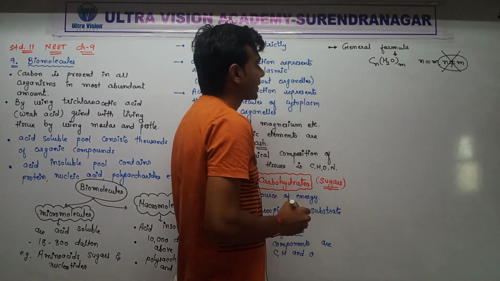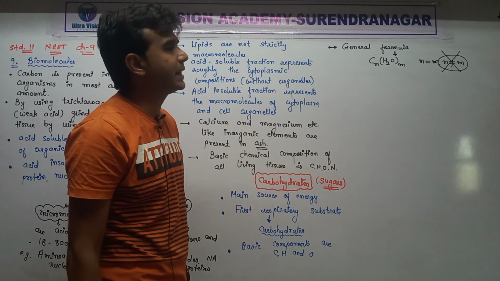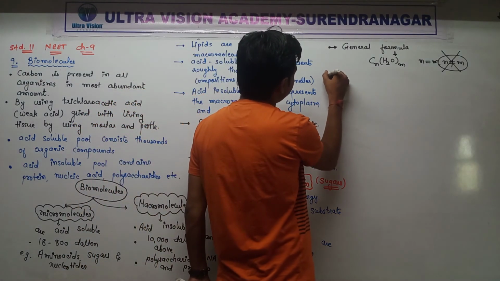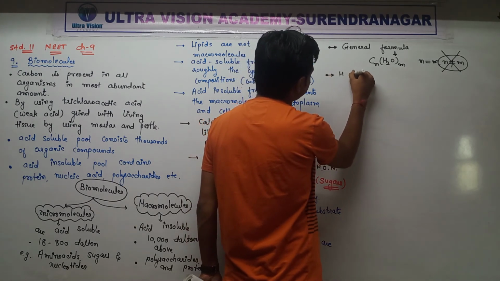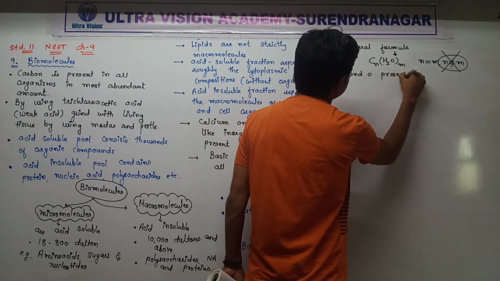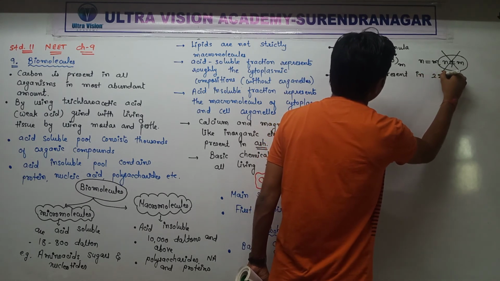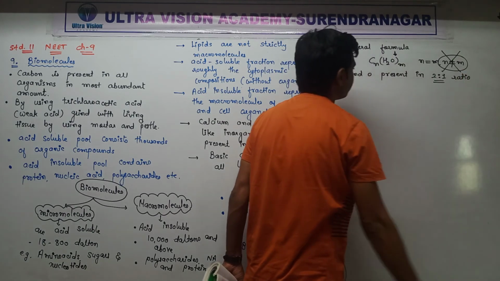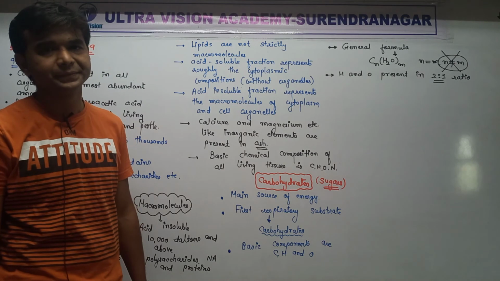There are four types of carbohydrates: monosaccharide, disaccharide, oligosaccharide and polysaccharide. Here H and O are present in a 2:1 ratio, but it is not water, understand?